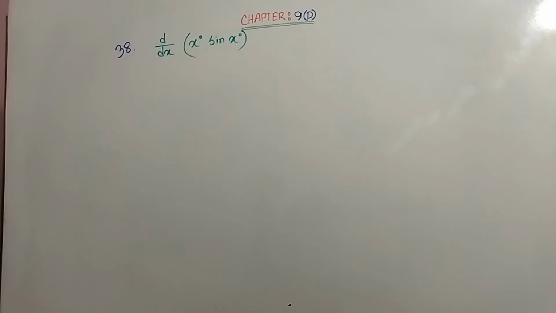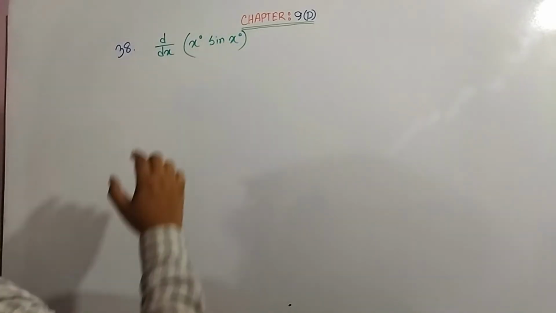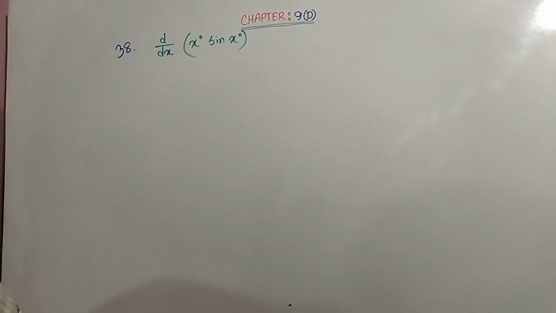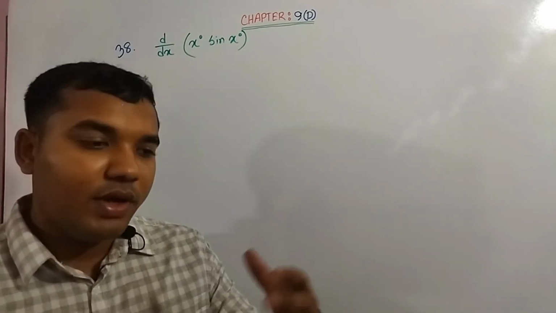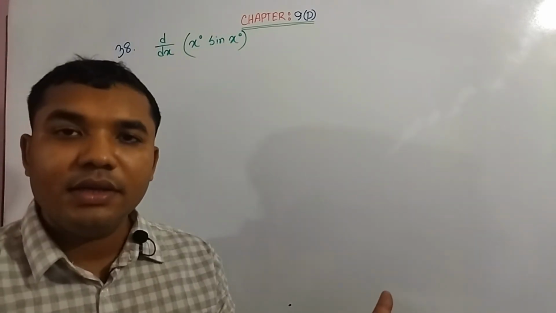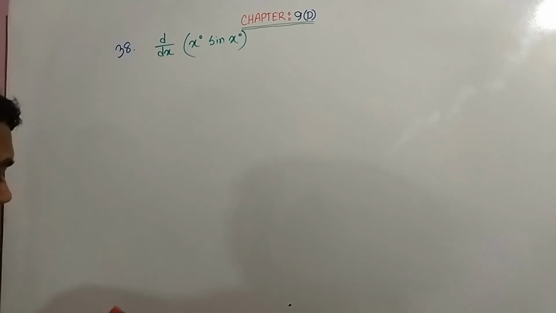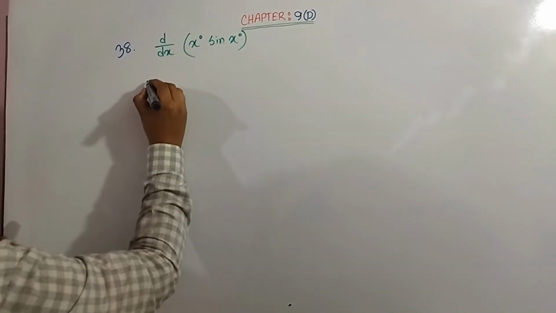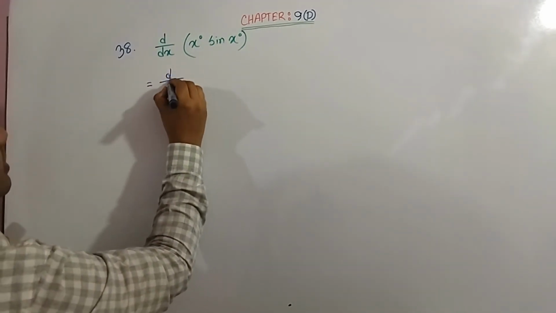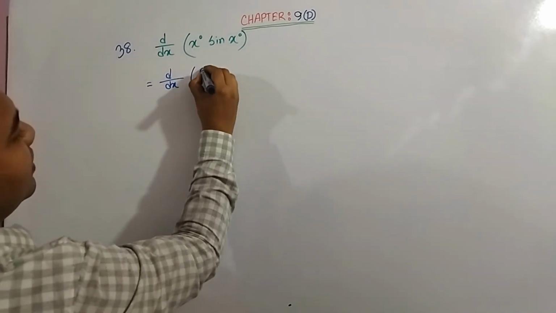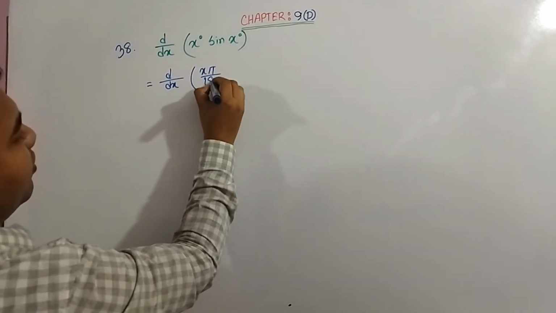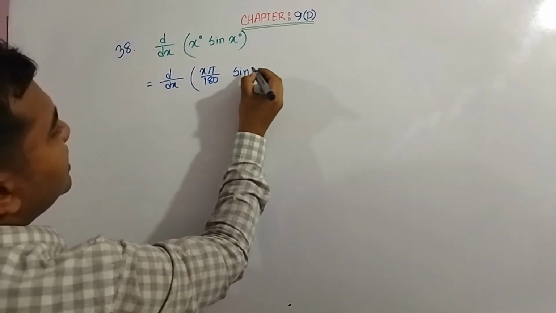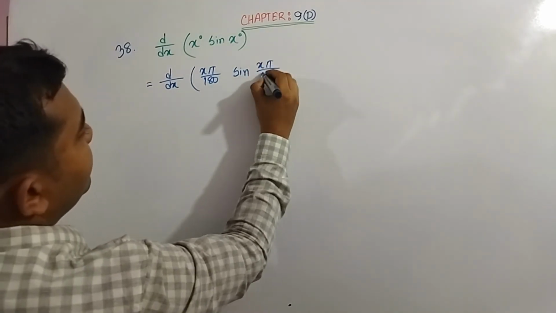Here we have observed that there is a 2 degree related problem, and we have already told you that when degrees appear, we have to convert them into radians, isn't it? Okay, if we make it in radians, what can be written as d/dx of x pi by 180 sine x pi by 180.